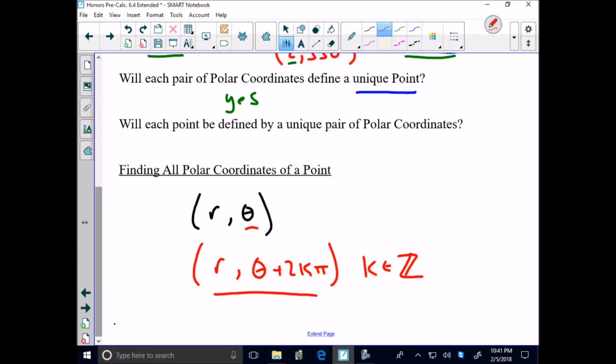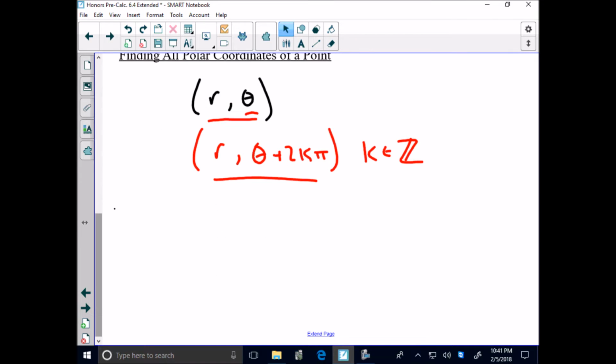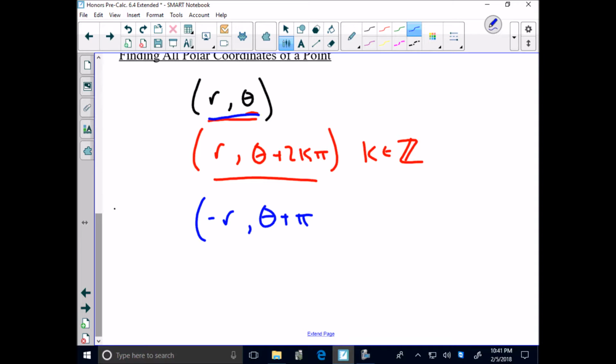So these two guys are defining the same point on the polar plane. Similarly, we can say that if we have a negative r value, a rotation that takes us in the opposite direction, so we could say theta plus pi, will also take us to the same point as r theta.